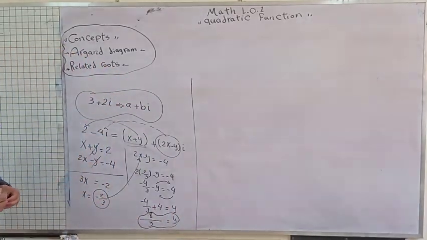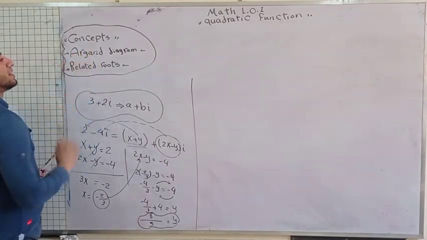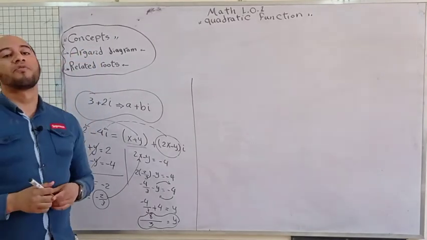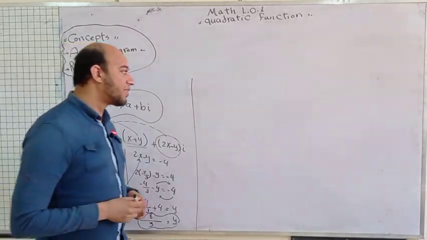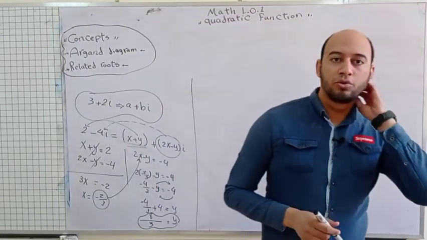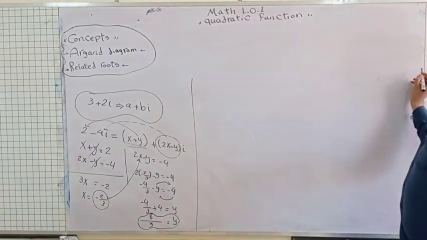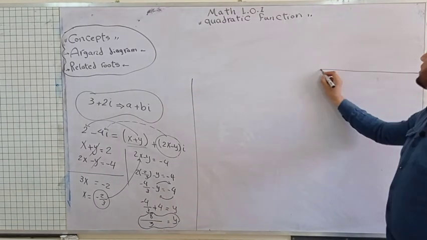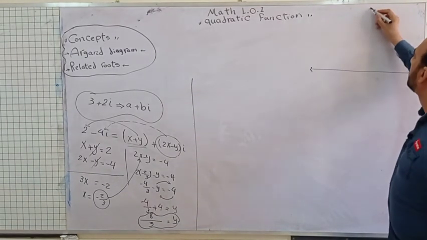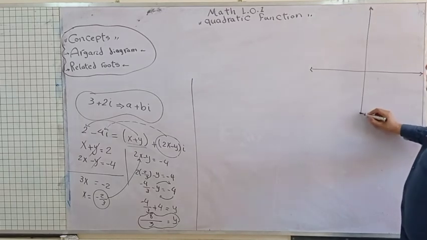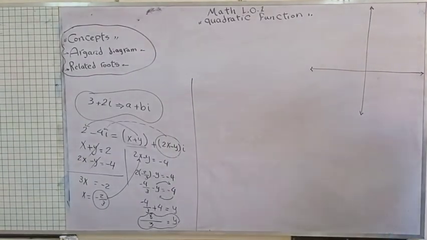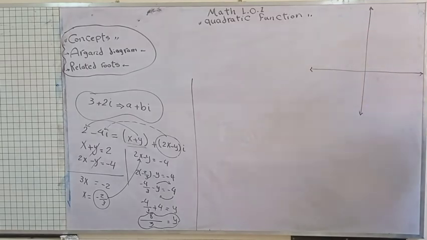Now, let's take the Argand diagram. The Argand diagram is a way to represent the complex number. As I said, the Argand diagram consists of 2 axes.